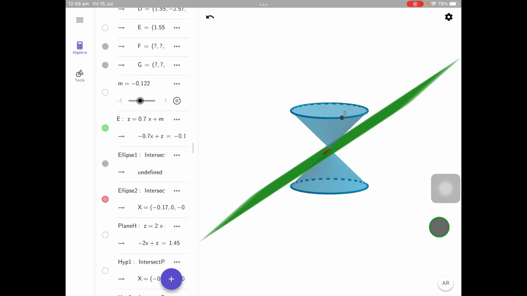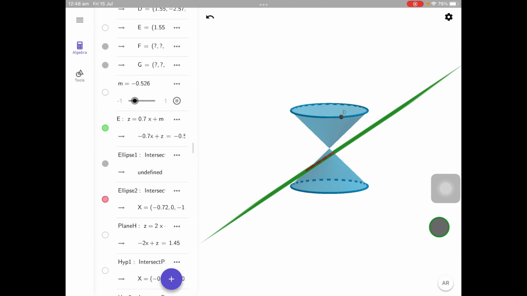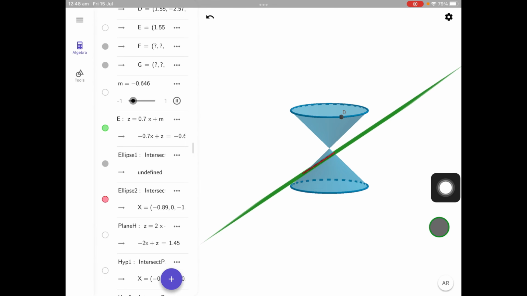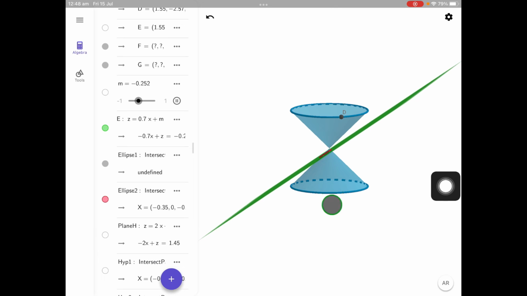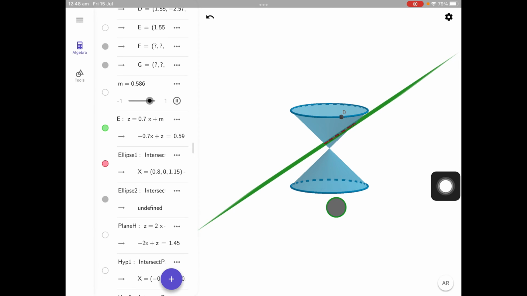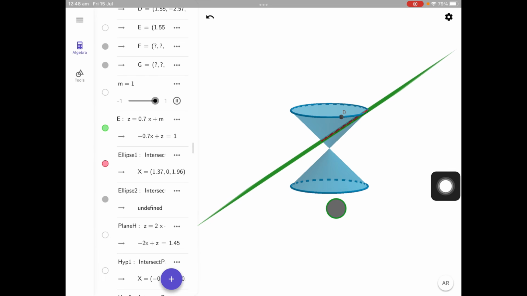And you can clearly see that in this case the plane is making an angle. So this is the axis of the cone, so the plane is making an angle beta which is greater than alpha.